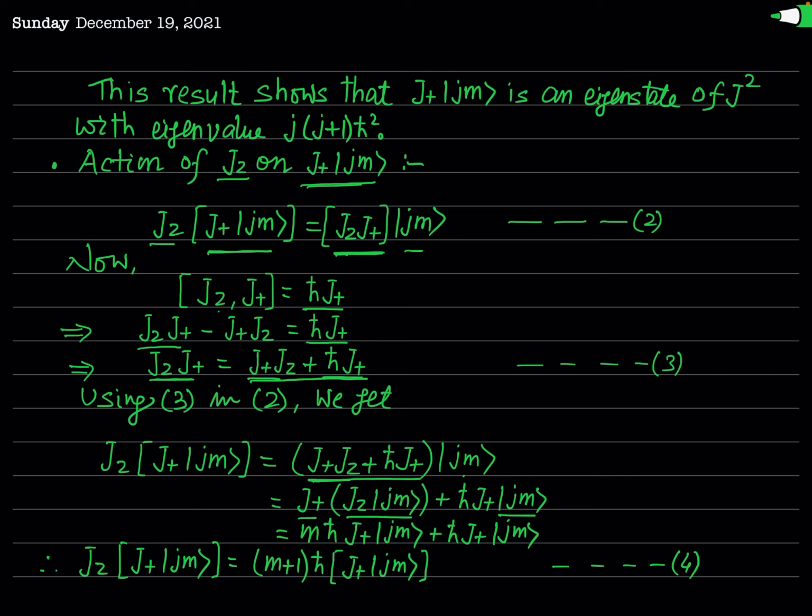Now you know the eigenvalue of the operator Jz is mħ. So Jz |k, j, m> will be simply mħ |k, j, m>. Since mħ is a constant factor, I have written it outside of the operator. So this is mħ J+ |k, j, m>, and the second term remains as it is.